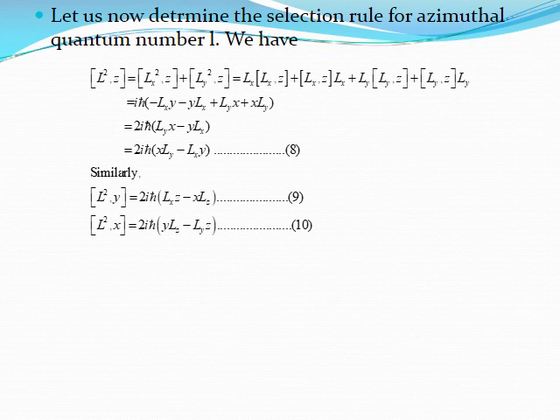Let us now determine the selection rule for the azimuthal quantum number l.